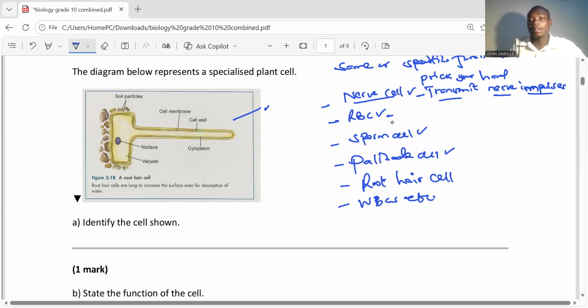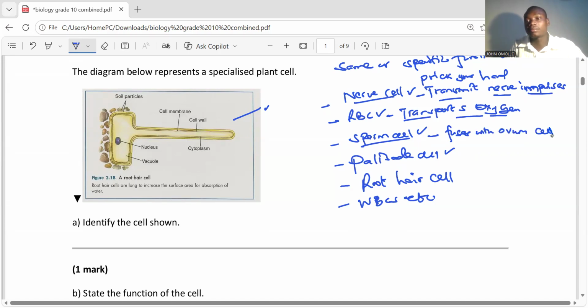Now, red blood cell. What is the role of red blood cell? Transports oxygen. So this one transports oxygen in the blood. Sperm cell, what do they do? Fuses with ovum cell for fertilization.